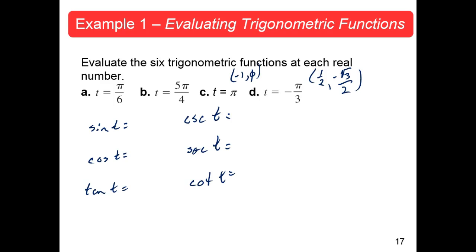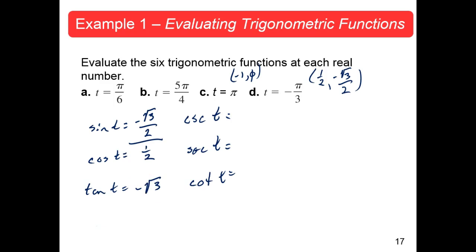So now can you write down what sine of negative pi thirds is? Negative root 3 over 2, because it's the y value over 1. And cosine of negative pi thirds is 1/2. Tangent would be negative root 3. See how writing it this way makes it so easy.